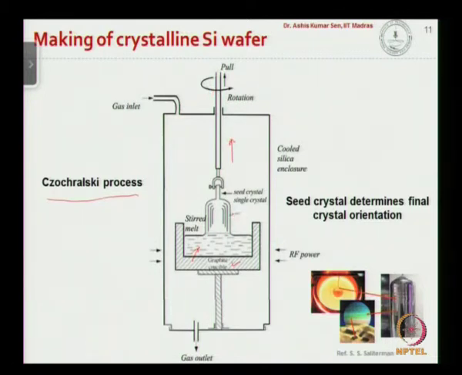The molten polysilicon grows on the seed crystal, forming an ingot. This ingot is cooled, which looks something like what we see here, and then sliced using a wafer saw to create the silicon wafers.